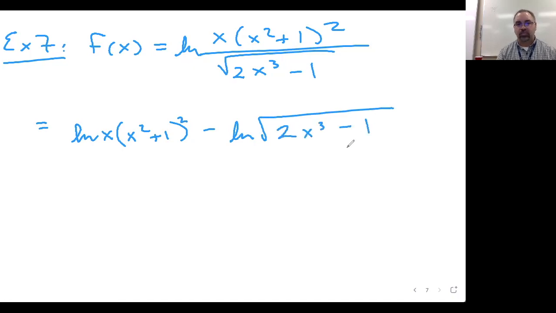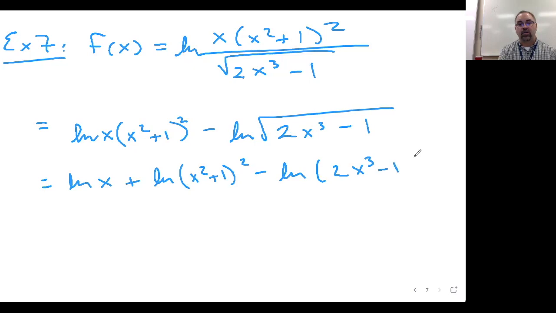Okay, but I'm not done yet, because the first term here, x times (x squared plus 1), that's a product. I'm going to write this a little differently so you guys can see ahead. You already know where I'm going with it, right? Look at these powers here and here. Those can come down in front.